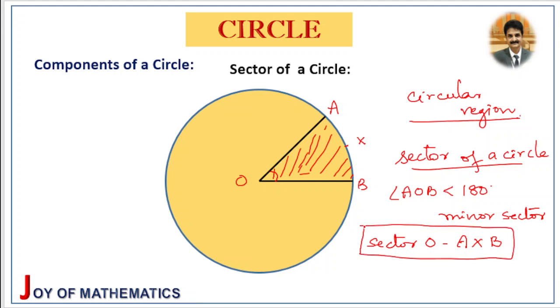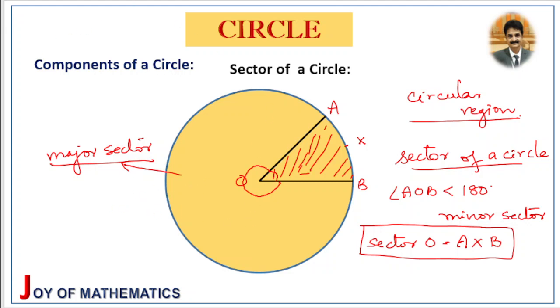It starts from O, goes to A, X and B. This is the way we define or read the sector. What do you say about the other part of the circle? If this one is a minor sector, this has to be a major sector. Here the measure of the angle at the center is more than 180 degrees.